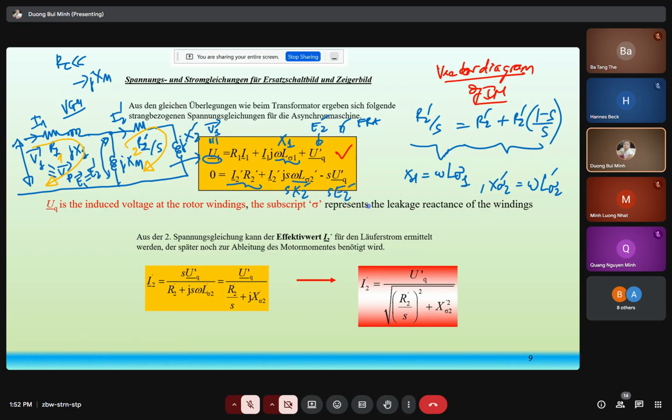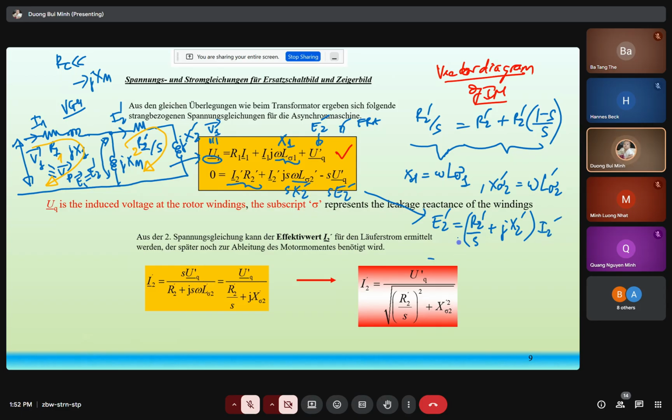If we modify, you can get E2 over comma S equals R2 over comma plus jS X2 over comma times I2 over comma.